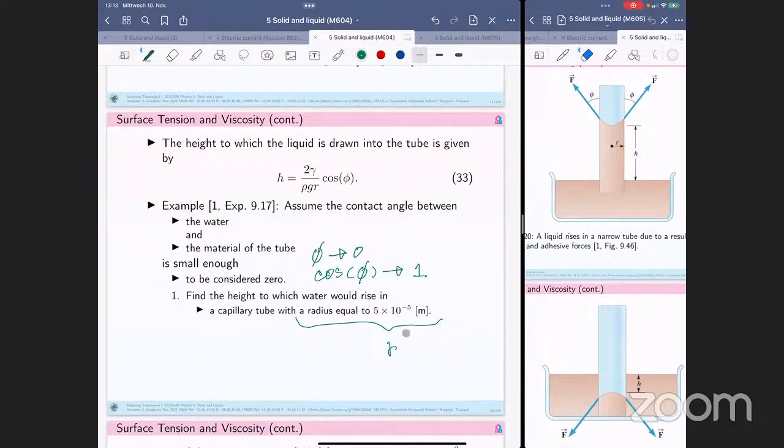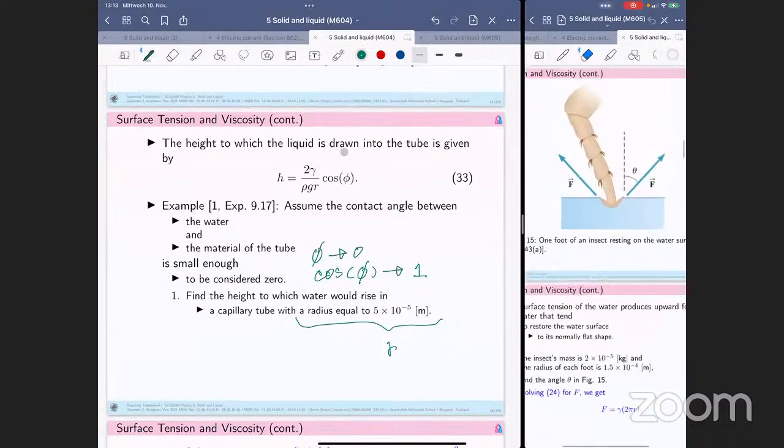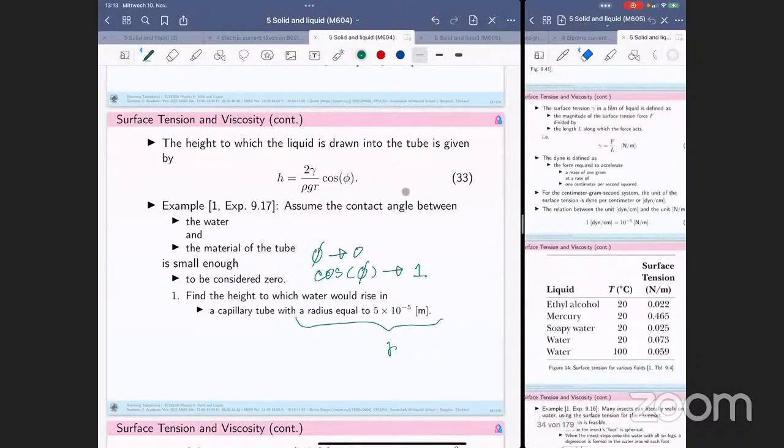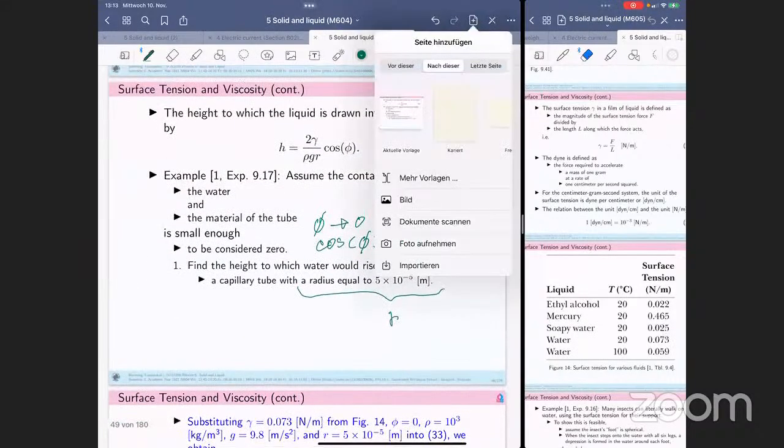We know R, we know g, and rho is the density of the water. Gamma is what we still don't know, but we can find it from the table, right? The water surface tension at room temperature, let's say it's 0.073. All right, now it's time to solve this problem.